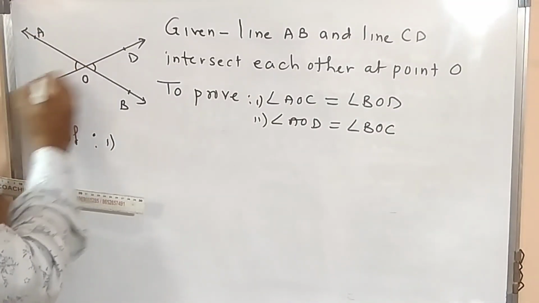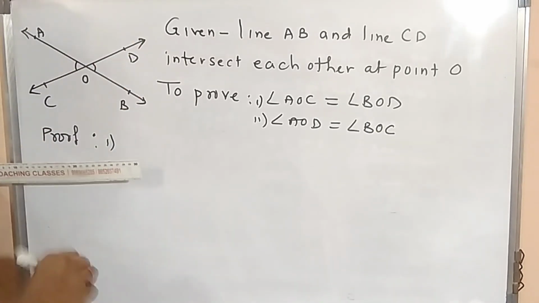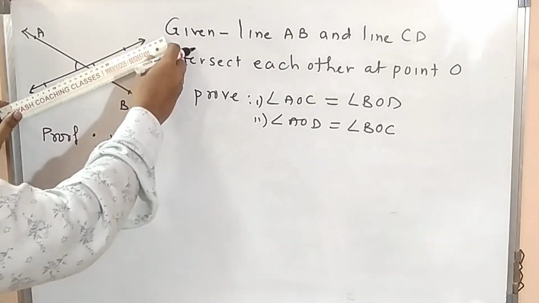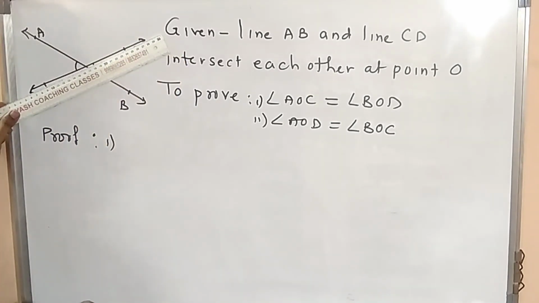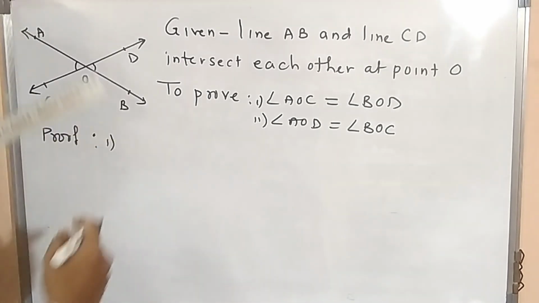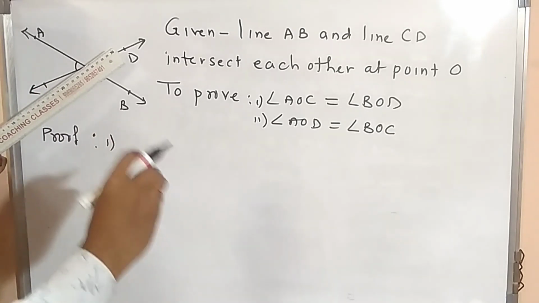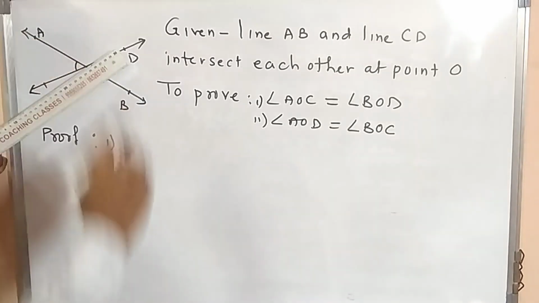Angle AOC and angle AOD. What type of angles are these? They form a linear pair. Okay, and we know that linear pair angles are supplementary. What do you mean by supplementary? The sum of their measures is 180 degrees.